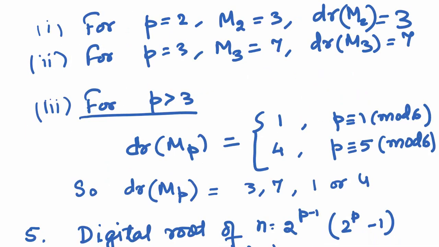For p equal to 2, Mersenne prime M2 is 3, digital root of M2 is 3, and for p equal to 3, M3 is 7, digital root of M3 is 7. For p greater than 3, the digital root of Mp will be 1 when p is congruent to 1 modulus 6, and it will be 4 when p is congruent to 5 modulus 6. So digital root of Mp will be 3, 7, 1 or 4.